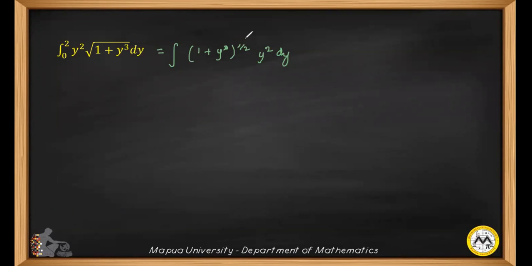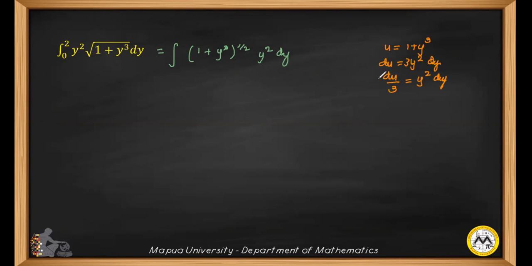If we evaluate this by power formula, then we will let u is equal to 1 plus y raised to the third power. And the differential of u is 3y squared times the differential of y. But we have y squared dy here. Hence, du over 3 is equal to y squared dy.